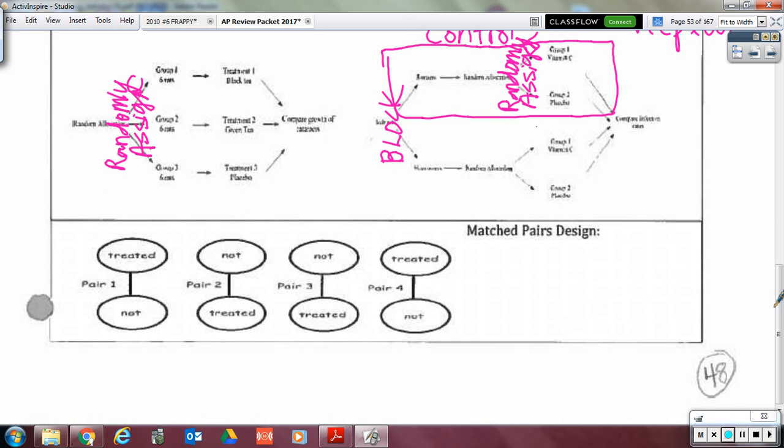All right. And finally, we've got this matched pairs design. There are two different ways you can have a matched pair. Let's talk about one way. Say I want to compare Coke as a tenderizer or Dr Pepper as a tenderizer on ribeye steak.